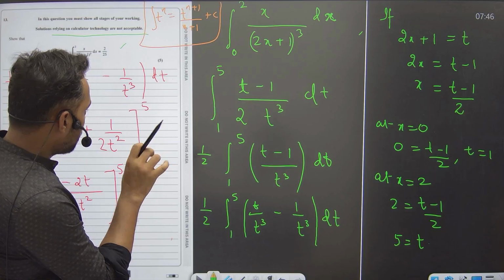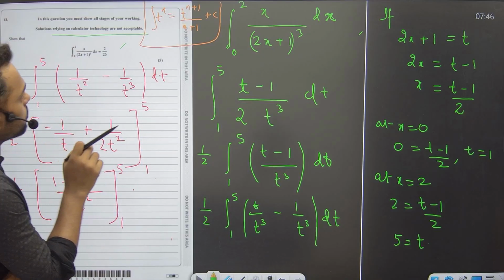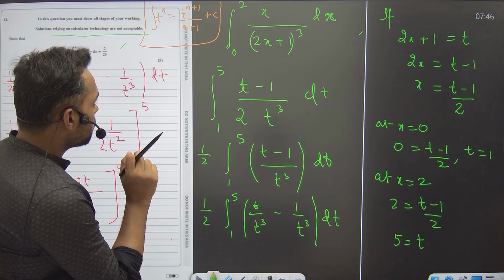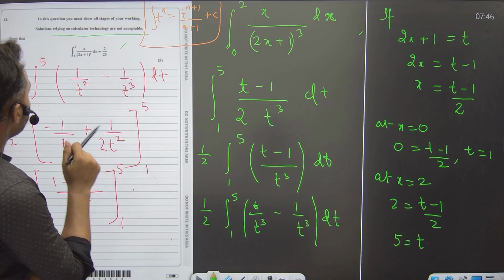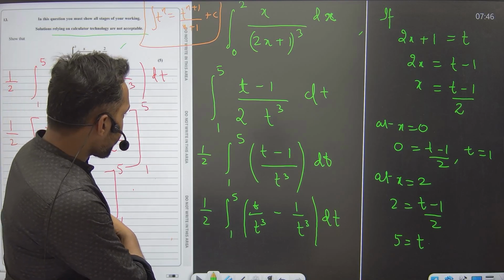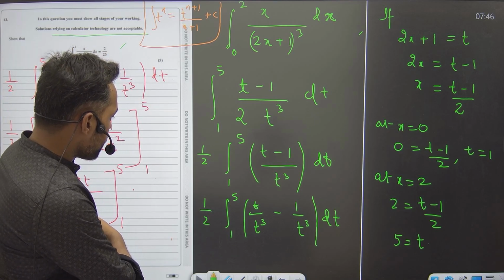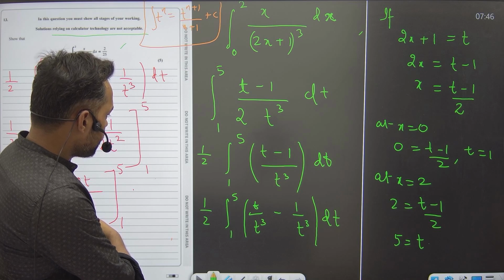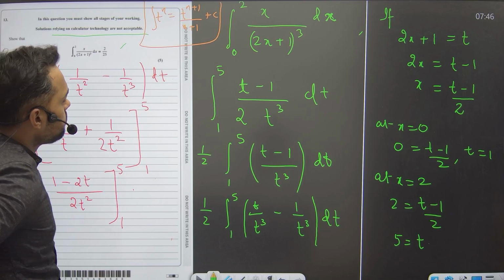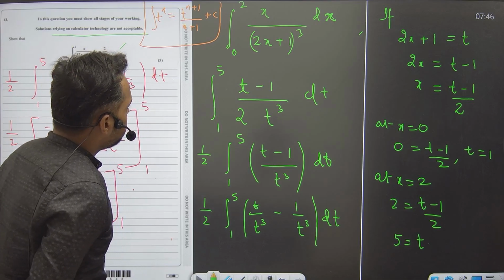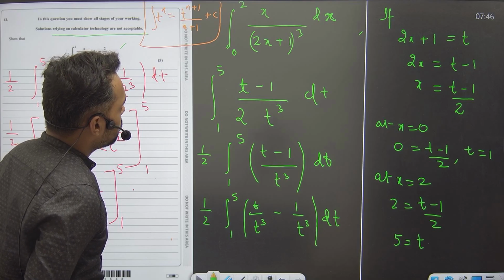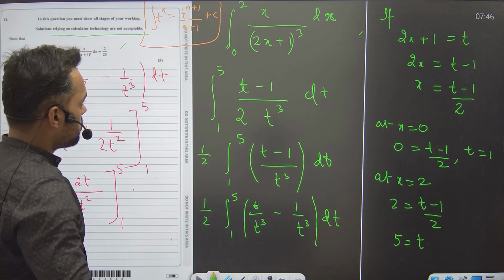We must have left a 2 in some case, so we need to say it. x will be (t minus 1) by 2 and t cube.